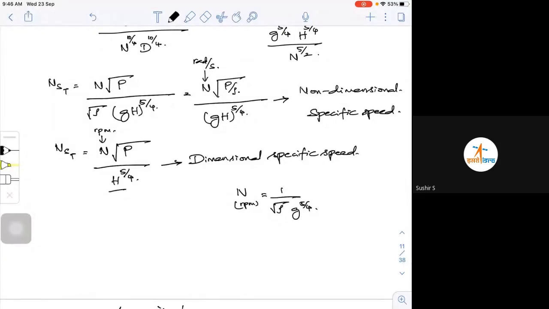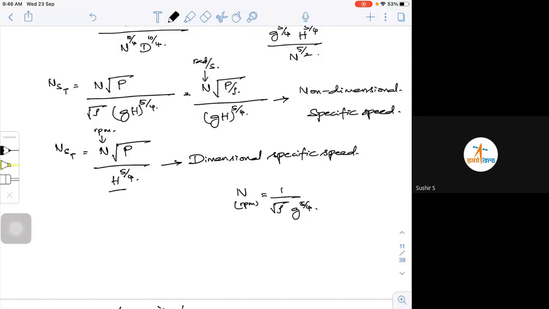That means your specific speed will go down when the machine is working at a very high head. So when my specific speed is a lower number, I will go with a Pelton wheel kind of machine. Even in that, if the number is very low, I can go with single jet or double jet or multiple jets. Even the Francis turbine comes in between the lowest possible non-dimensional numbers and somewhat higher numbers, maybe 5 or 6.